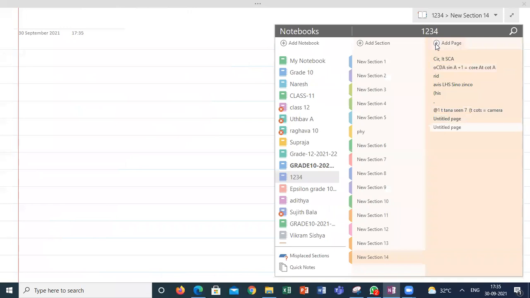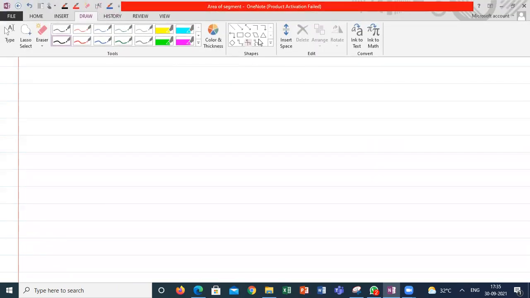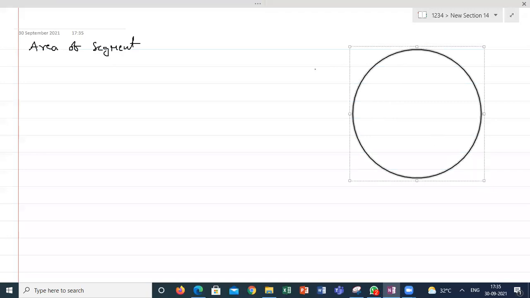We left one small concept in areas related to circle. What is that? Area of a segment. Let's see how we can do this one. I'm taking a circle.